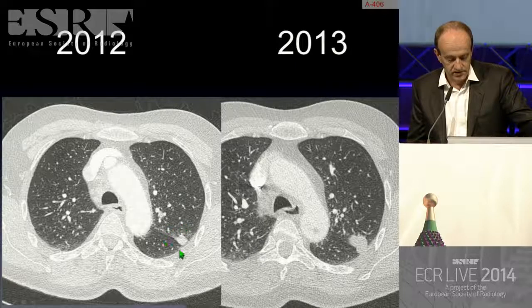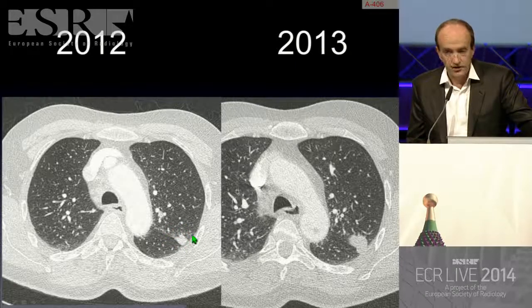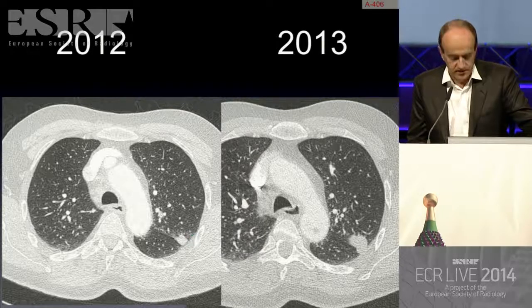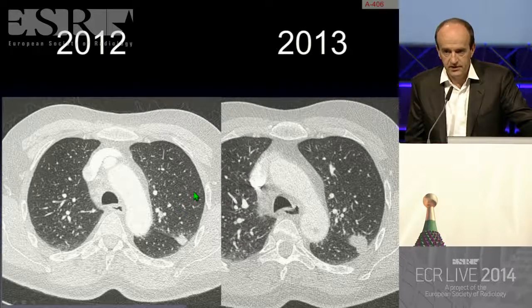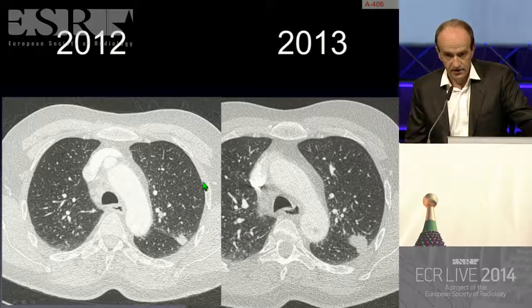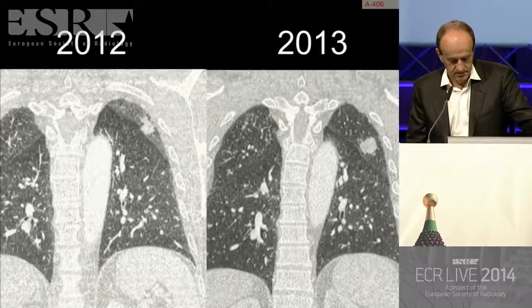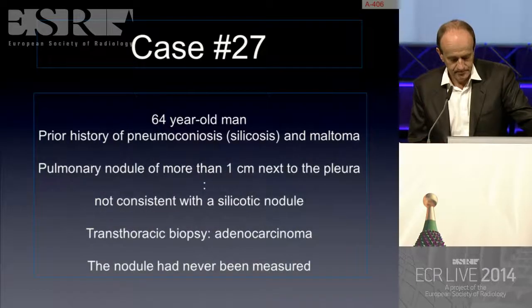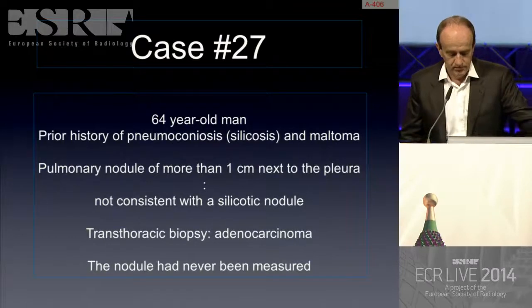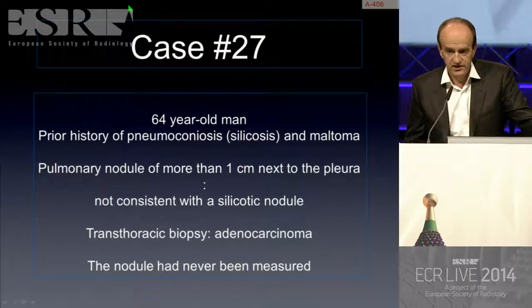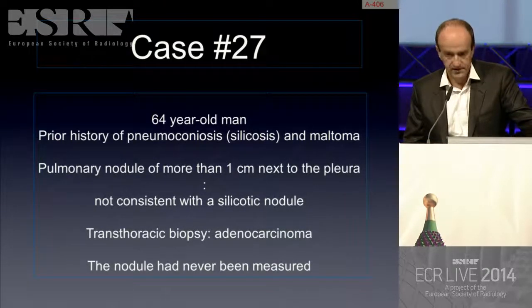However, this nodule had been considered as a lesion compatible with silicosis, whereas it's very different from all other micronodules in the same patient. This lesion had not been measured and described. Here in coronal views. So, beware lesions that do not fit with usual findings of interstitial lung disease. Carcinoma may appear in a patient with infiltrative lung disease as well.